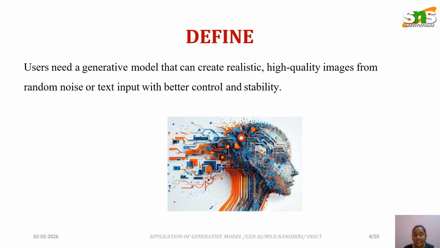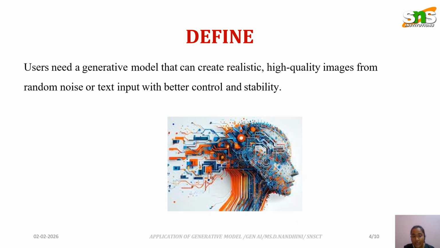Next one is the define stage. In this define stage, the user needs a generative model that can create realistic, high quality images from random noise or text input with better control and stability. This define phase is also known as the problem identification phase. In this stage, generative models help us define a clear and meaningful problem.